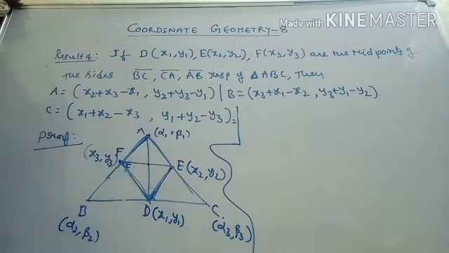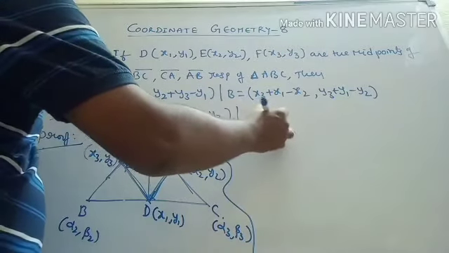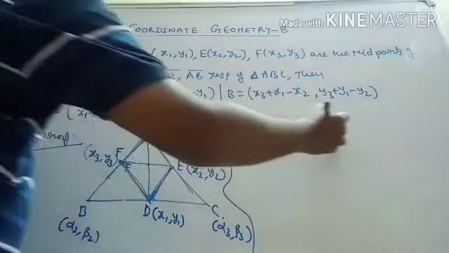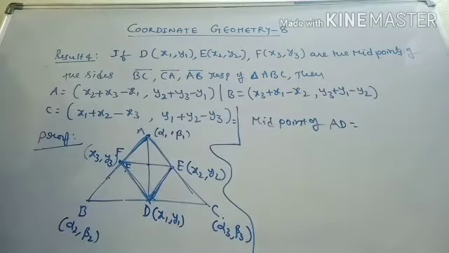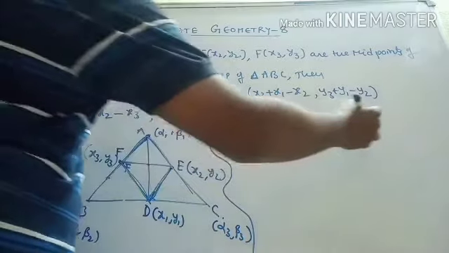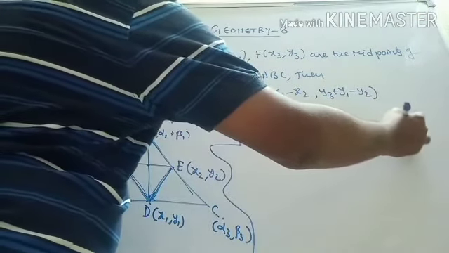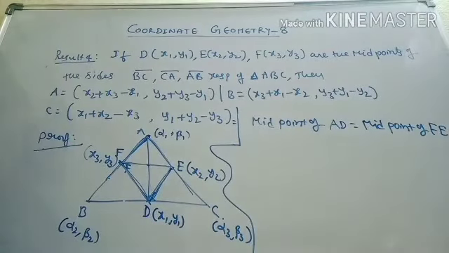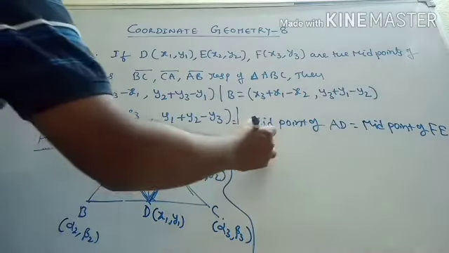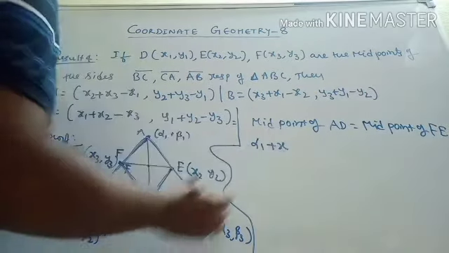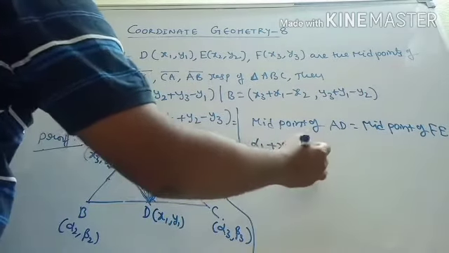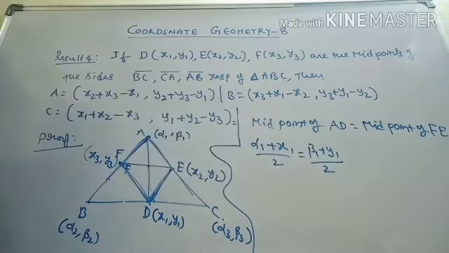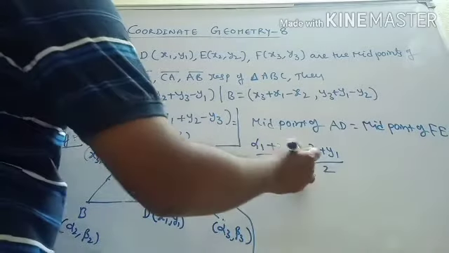The diagonals bisect each other. That means the midpoint of AD is equal to the midpoint of FE. Now let us get the midpoint of AD. That is ((alpha 1 + x1)/2, (beta 1 + y1)/2).